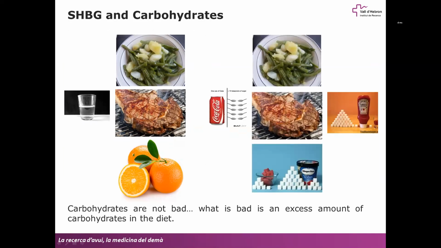But if one day you decide, okay, instead of water, I'm going to drink Coke, and instead of having the meat alone, I'm going to put some ketchup, and today I'm going to do an extra, I'm going to eat an ice cream for dessert, you can see that this excess of sugar is what is affecting the liver. It's increasing the lipogenesis, and it's reducing your plasma SHBG levels. So the excess of carbohydrates that we're eating with certain foods is really important.